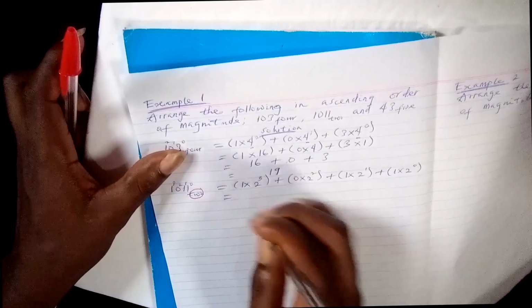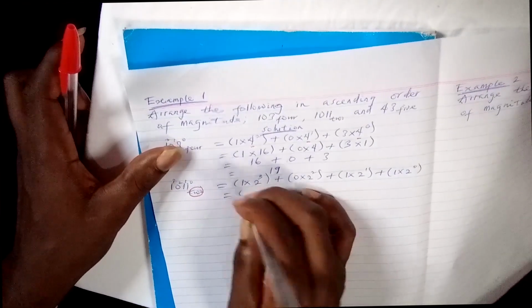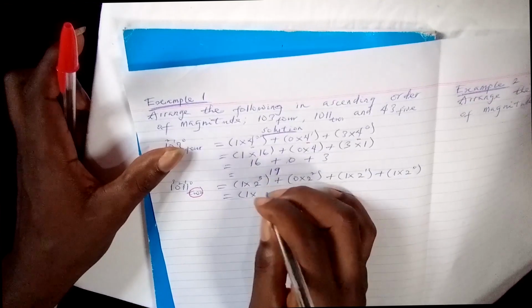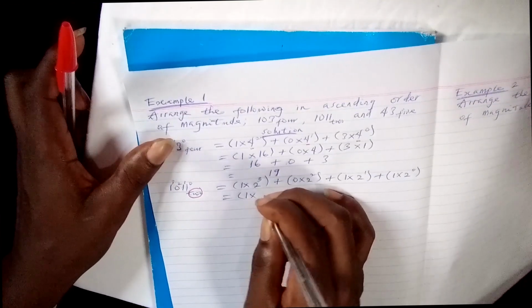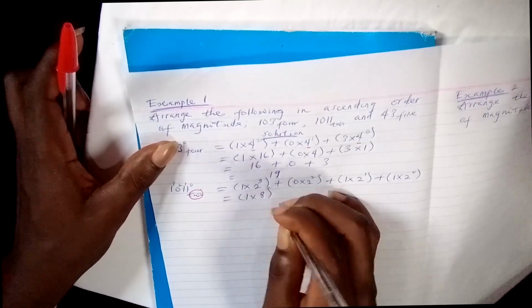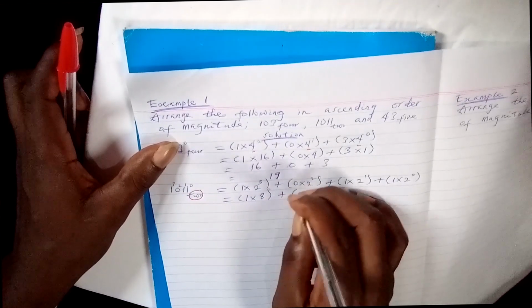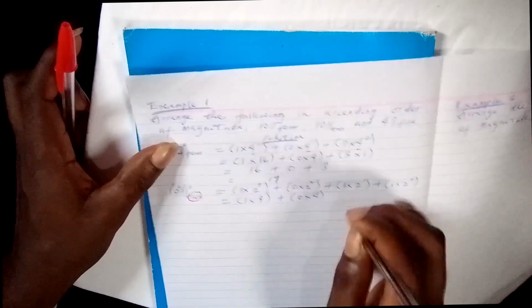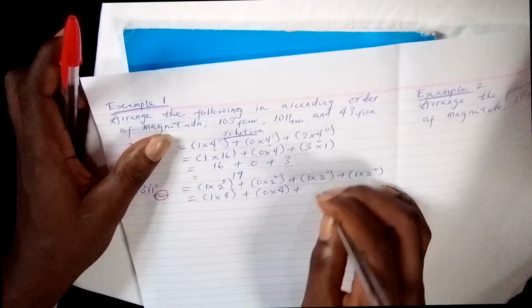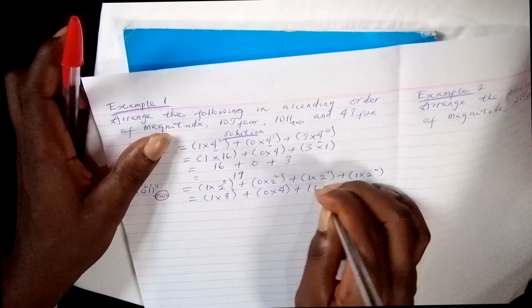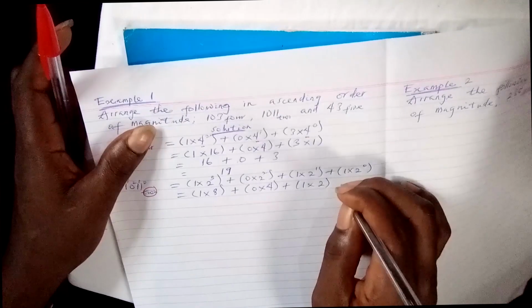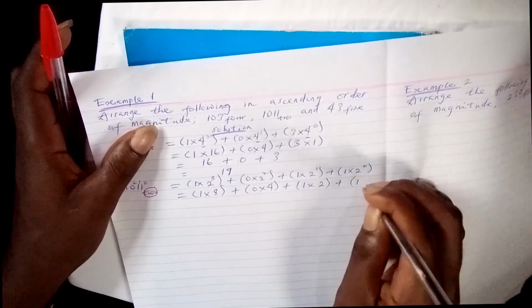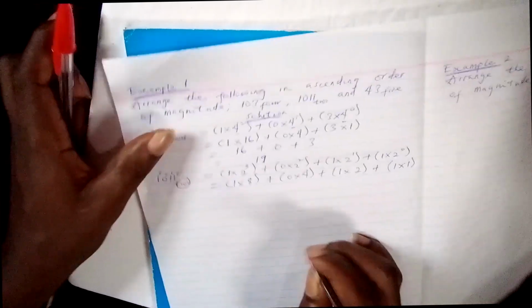So we continue to simplify and it will go like 1 times 2 power 3 will give us 8 plus 0 times 4 plus 1 times 2 plus 1 times 1.